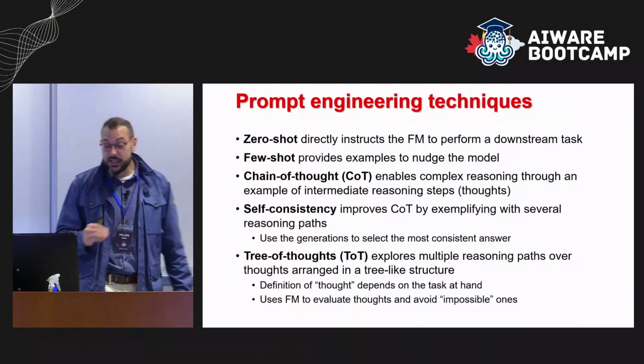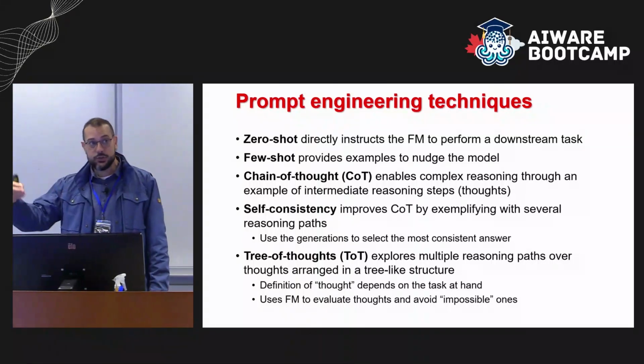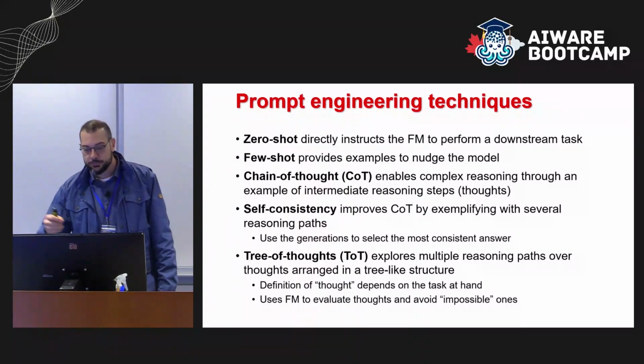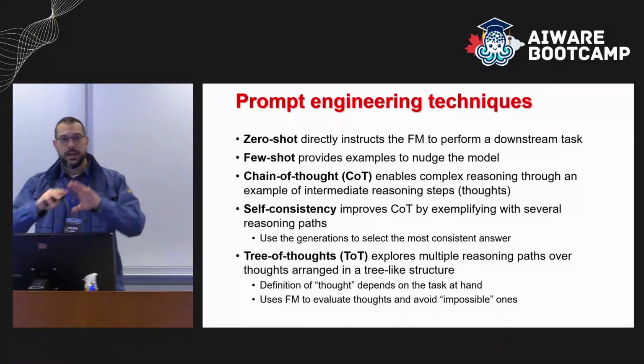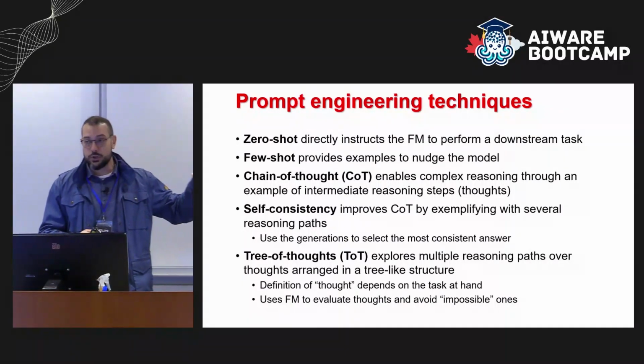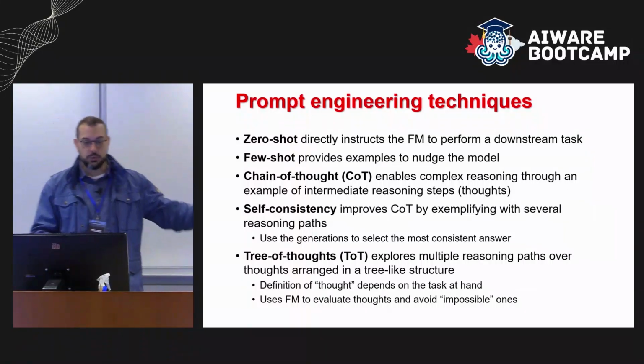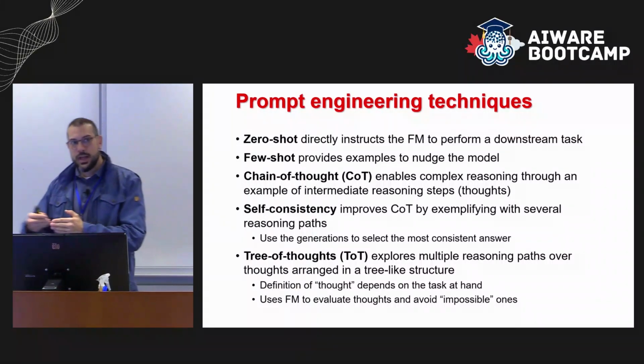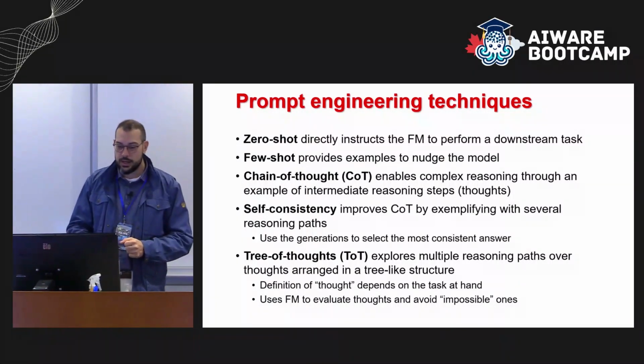The most basic one is zero-shot, where you directly instruct the model to perform some task. There are no examples, it's very likely something similar to what I showed, the sky is blue. But you have an instruction, you're asking the model to perform some task.